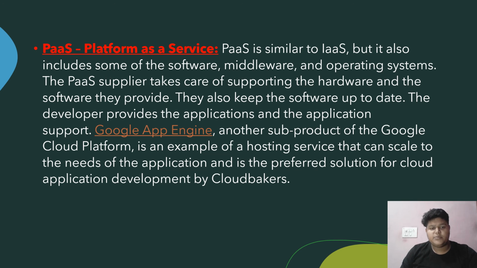The developers provide the applications and the application support. Google App Engine, another subproduct of the Google Cloud Platform, is an example of hosting services that can scale to the needs of the applications and is the preferred solution for cloud application development by cloud brokers.